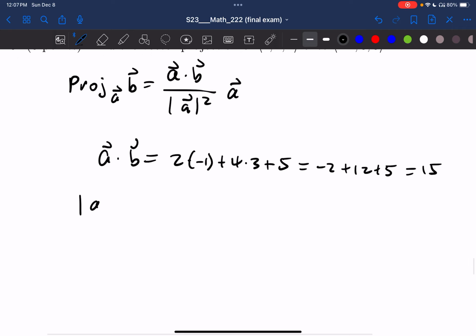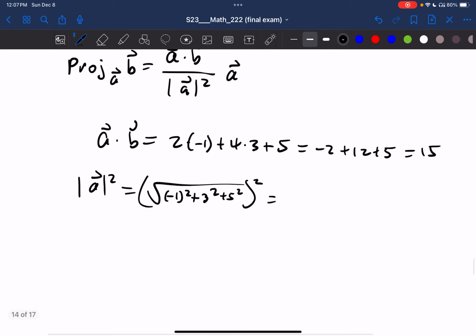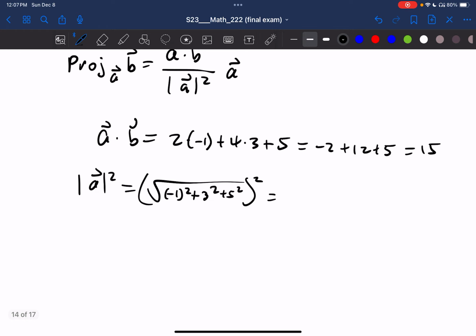And let's find the magnitude of A squared. A is negative 1 squared plus 3 squared plus 5 squared, where the square root being squared will just be whatever is on the inside. So you have 1 plus 9 plus 25, which gives you 35.